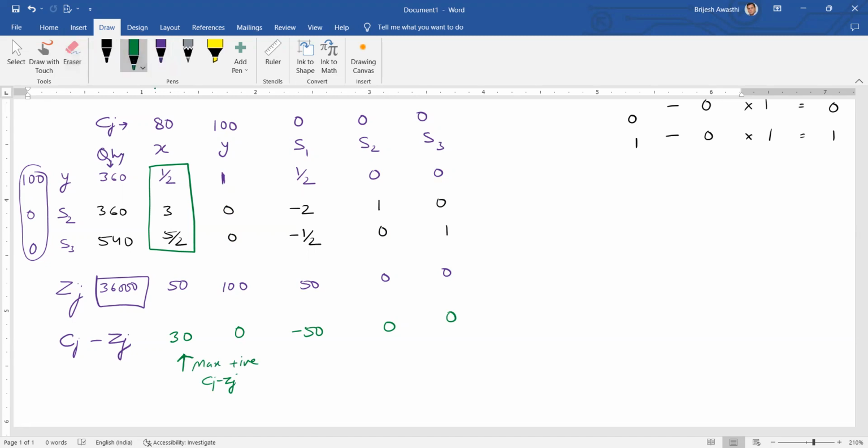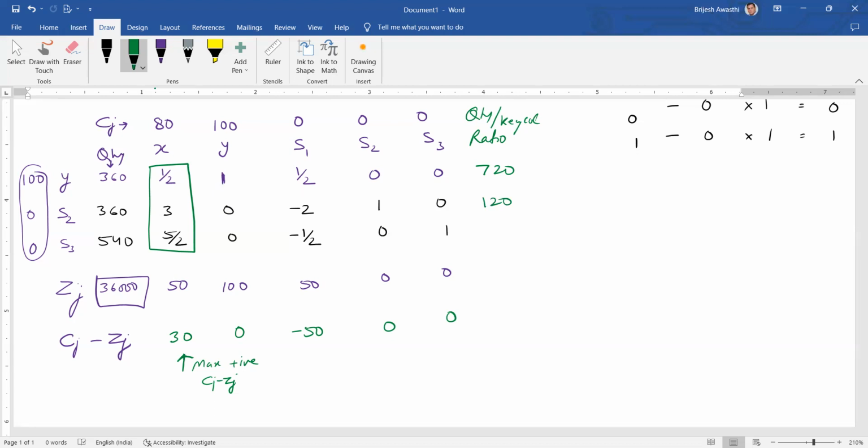And if I'm talking about the ratio, I'm going to calculate the ratio. How will we calculate the ratio? Quantity divided by key column, right? So 360 divided by half is 720. 360 divided by 3 is 120.